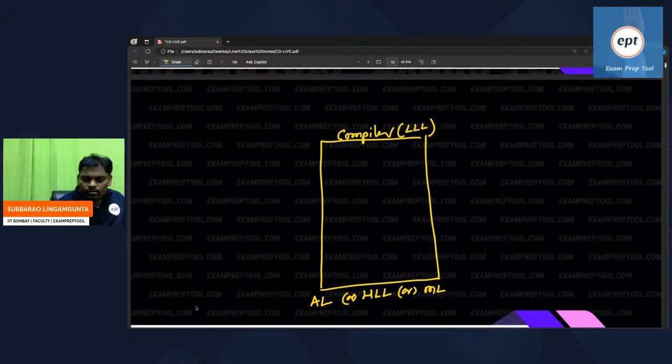Sorry for the reverse. Our goal is only this. If anyone is confused until now, just know the flow, because that is not our discussion. Our discussion is only this: compiler takes high-level language as input and produces low-level language as output.